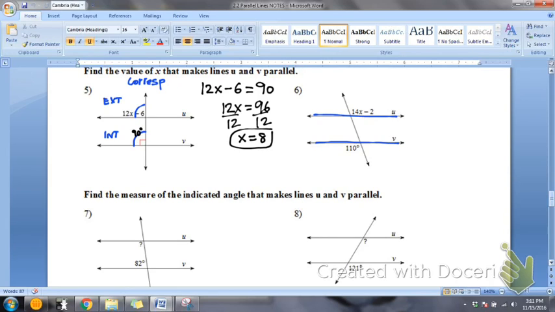Set them equal to each other, right? Not 180. Okay, so you set 14x minus 2 equal to 110. So you get 14x equals 112. Patrick, what is 112 divided by 14? 8. Good. Any questions on number 6?